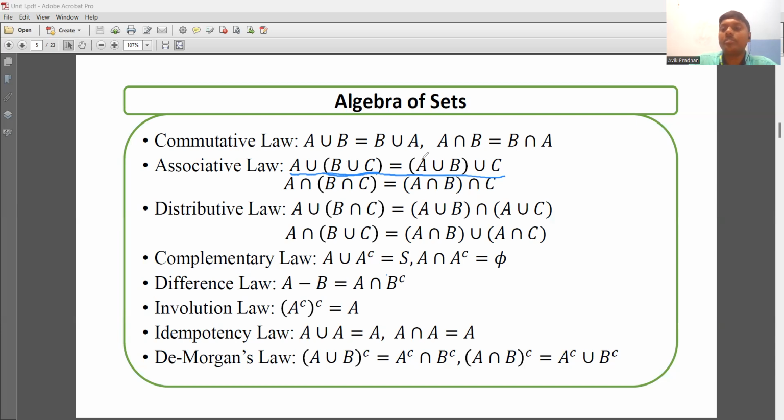Whether you take the union of B and C first does not matter.